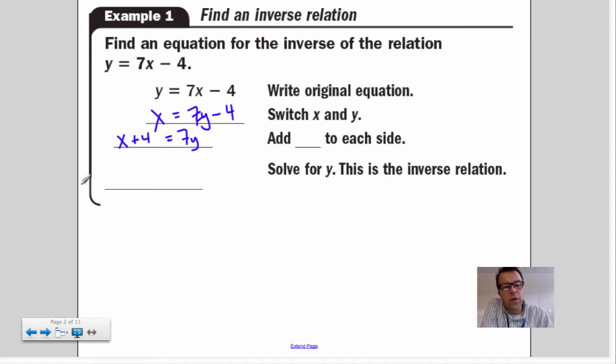And then finally we would divide both sides by 7, and our inverse would be y is equal to 1/7 x plus 4/7. Nice, and you've done it. You have now figured out the inverse relation for this original. This is the original, and this is its inverse.